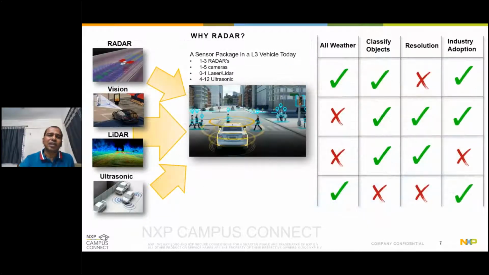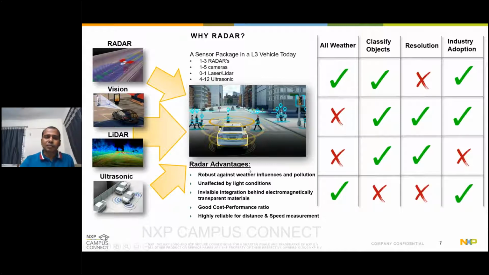If you see here, a comparison of radar, vision cameras, lidar, and ultrasonic, no technology has all features available. Radar has its own merits and demerits, lidar has its own, and ultrasonic and cameras have theirs.